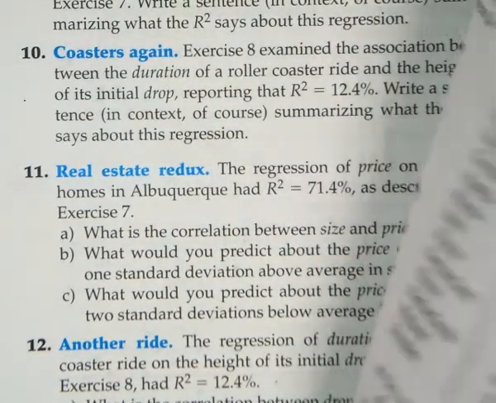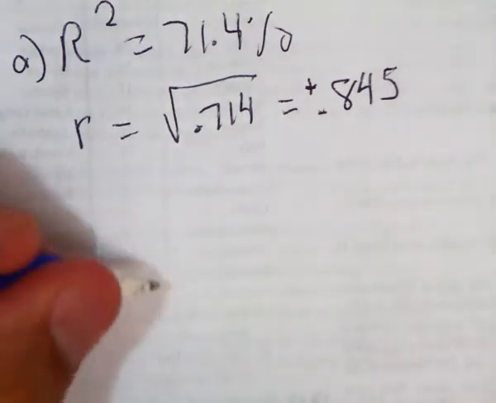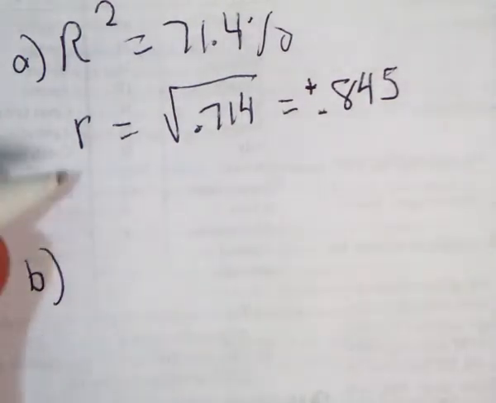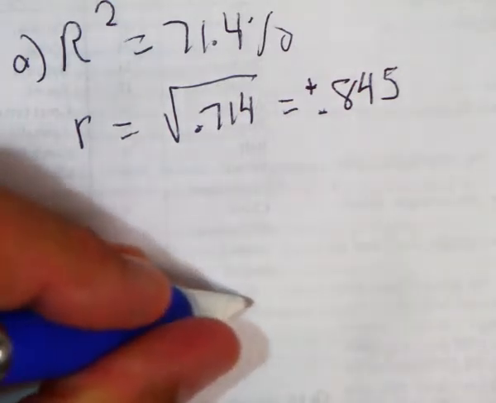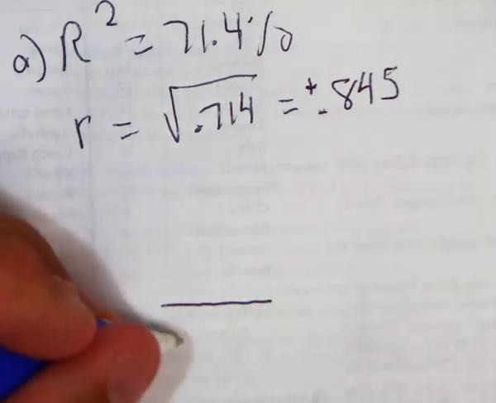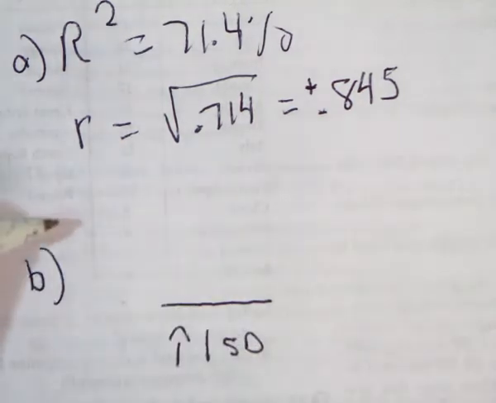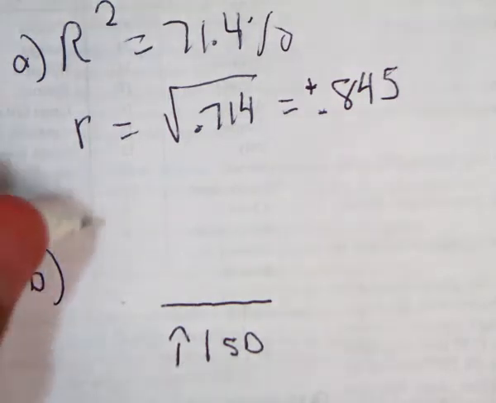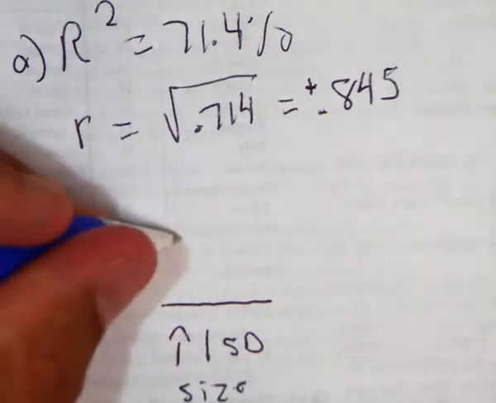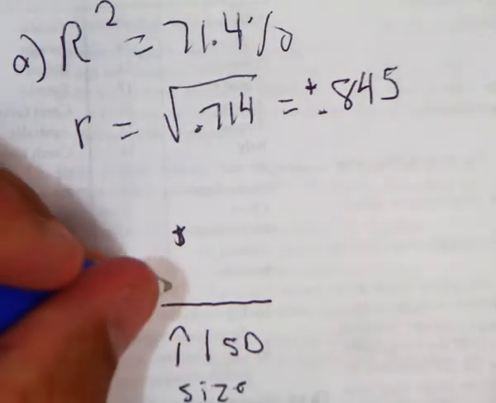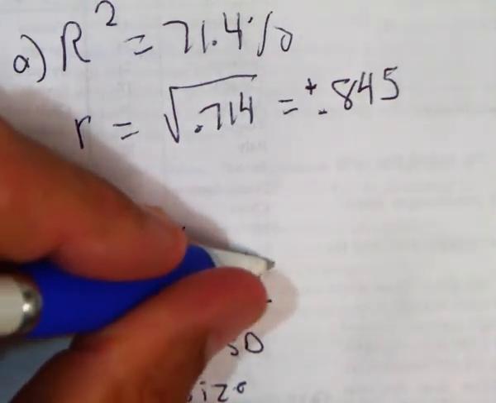Question B is, what would we expect if a house is 1 standard deviation above the mean in size? Okay, so if size moved up 1 standard deviation, then we would expect the price to move up 0.845 times 1 standard deviation.